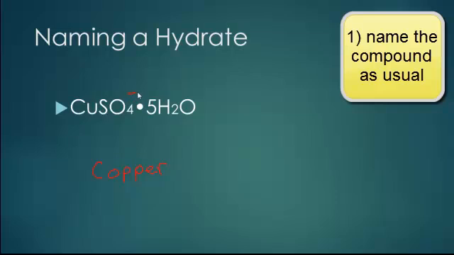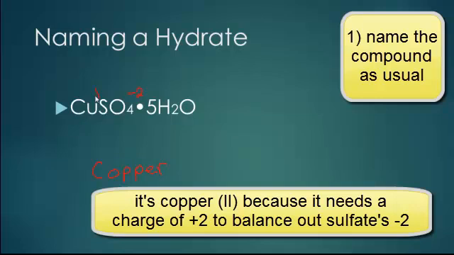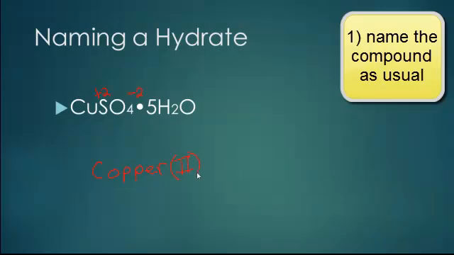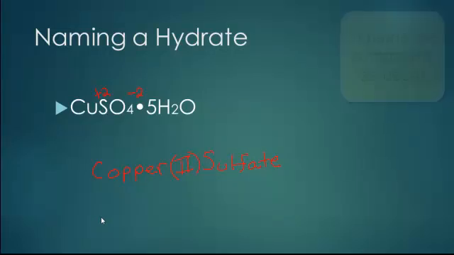That has a charge of -2. So for there to be one of each, that must mean the copper is a +2. So this is copper 2 sulfate. Or if you were using the classical naming, it would be cupric sulfate.